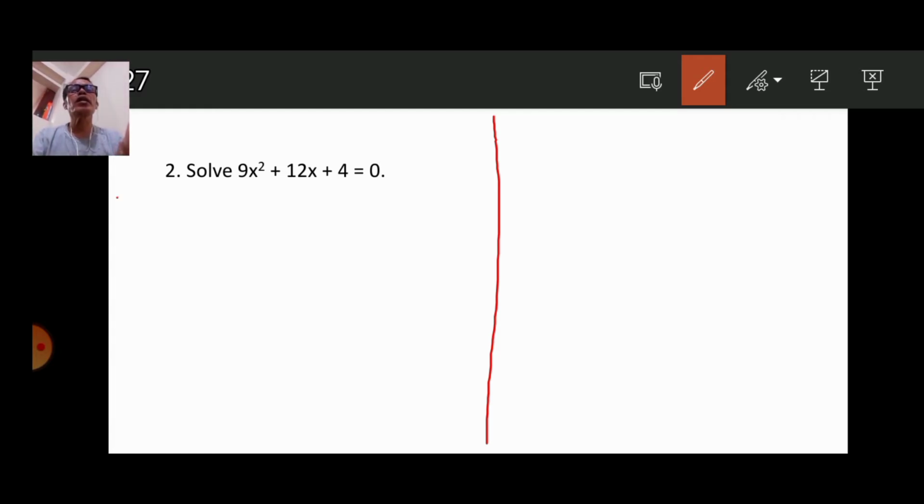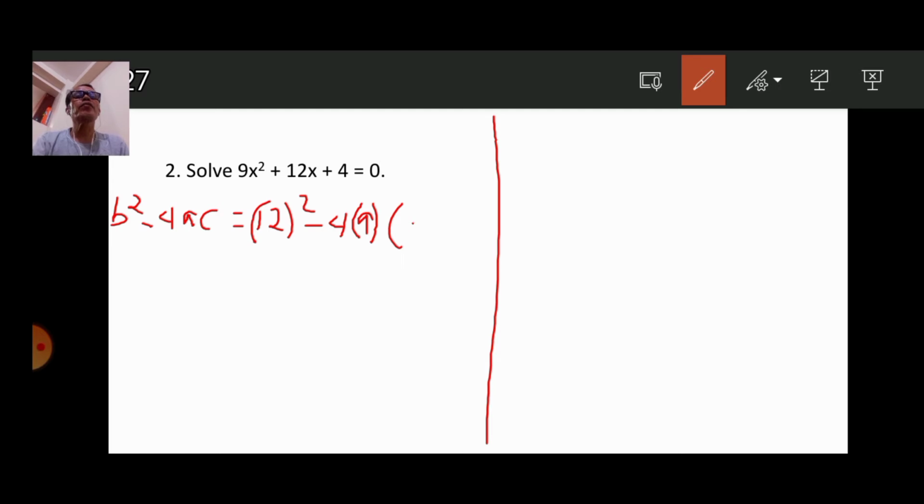So discriminant b squared minus 4ac, where b is 12, quantity squared, minus 4, a is 9, times c is 4.